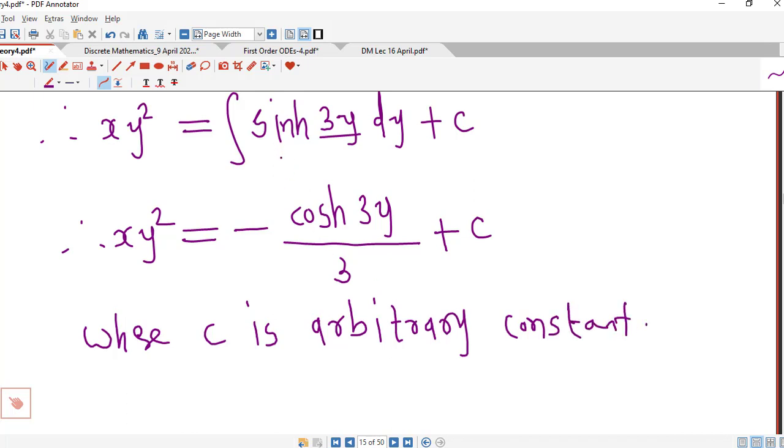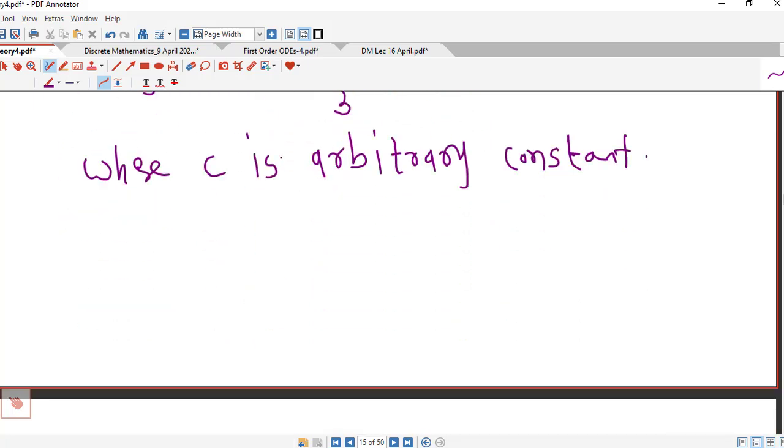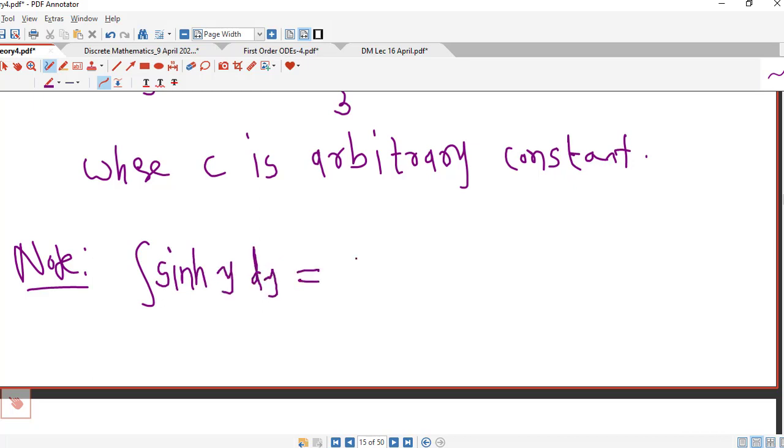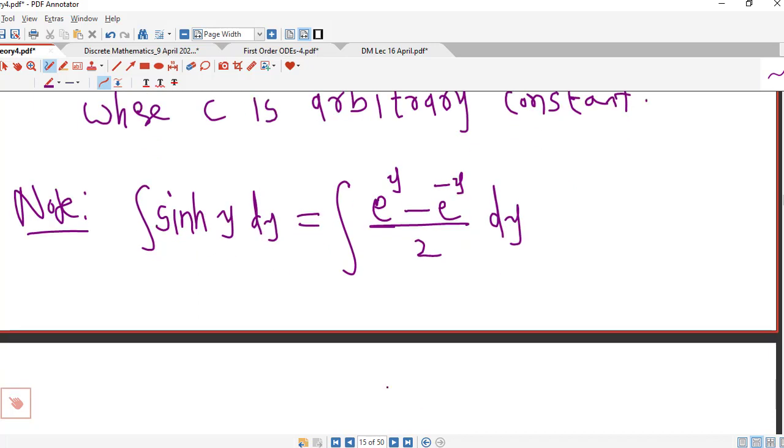So you can check how the integration of sinh works, as we have discussed. If we consider the integral of sinh y with respect to y, that means sinh y is e raised to y minus e raised to minus y divided by 2 dy.